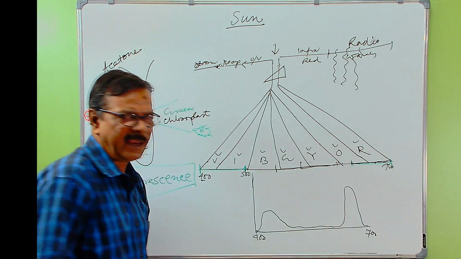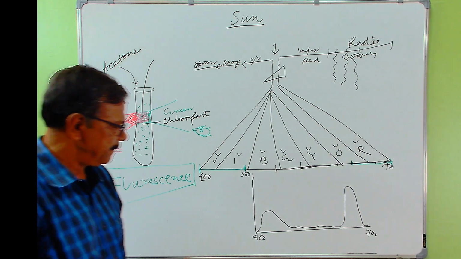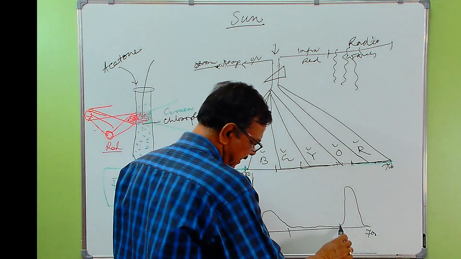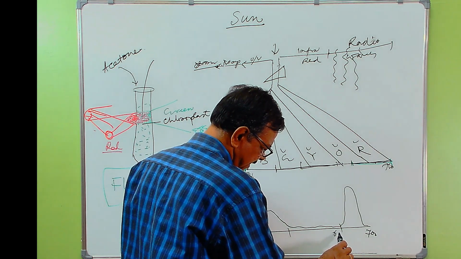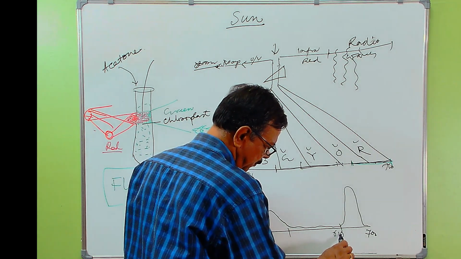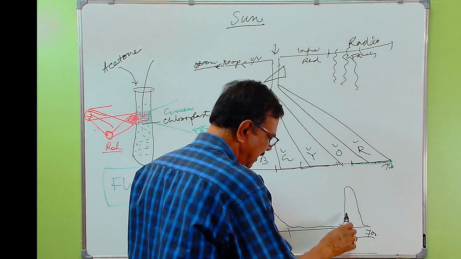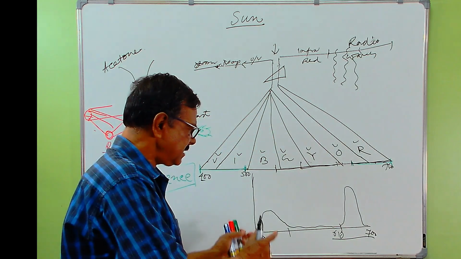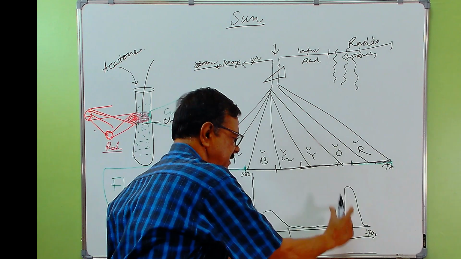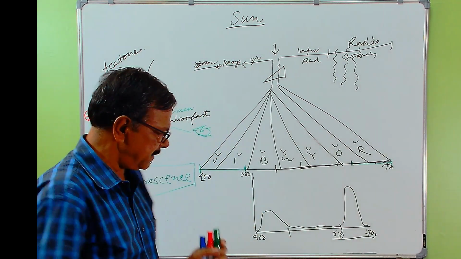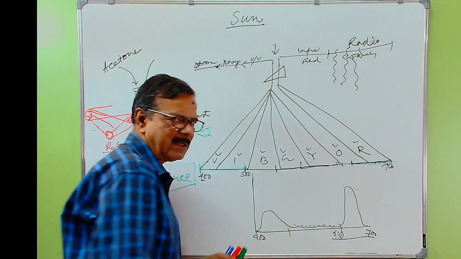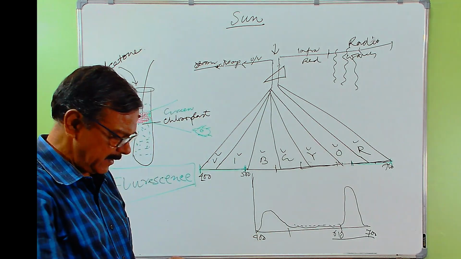That is, photosynthesis takes place between 400 to 500, and from 610 to 700 nanometer. That is, on both sides of the visible spectrum, photosynthesis takes place. But it does not mean it is not taking place in between, but the rate is quite slow.